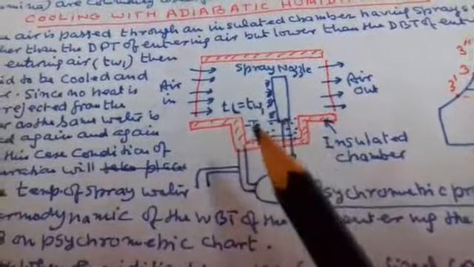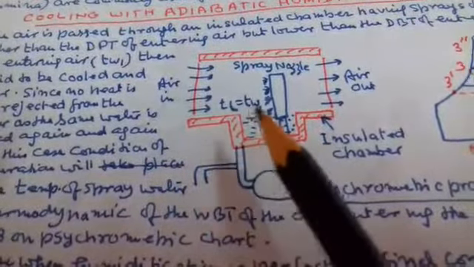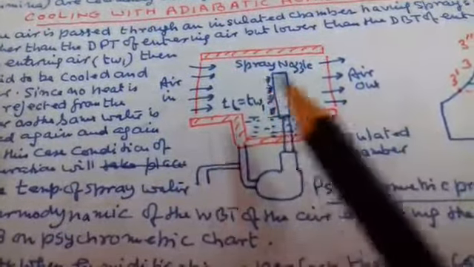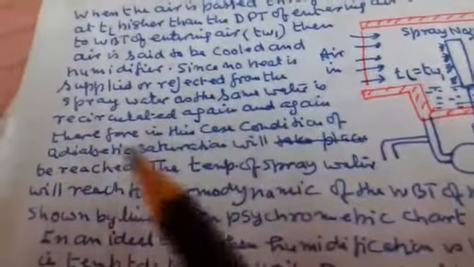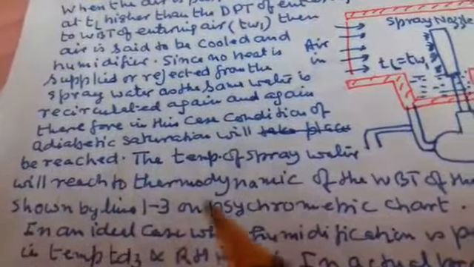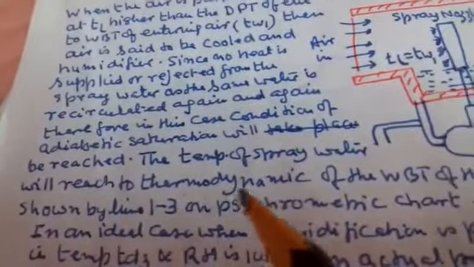Therefore in this case the condition of adiabatic saturation will be reached. The temperature of the spray water will reach the thermodynamic WBT of the air entering the spray water. The process is shown by the line 1-3 on the psychrometric chart. It has been shown on the psychrometric chart also.